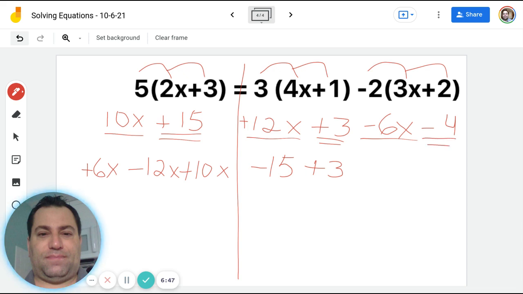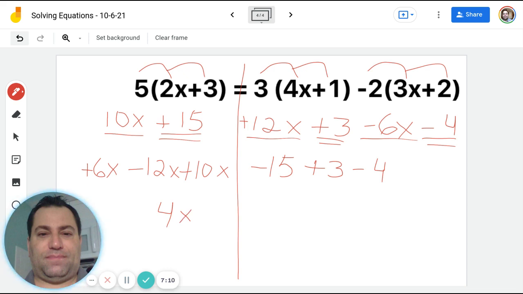And lastly, we have a negative 4. Happens to be on the right side of the equation, meaning it's on the number side of the equation. We can just write him in. Let's combine like terms here. We have negative 12 plus 10 is going to be negative 2, and 6 minus 2 is 4x.